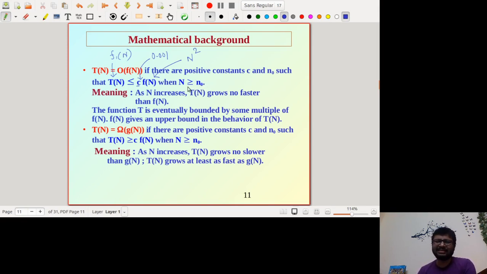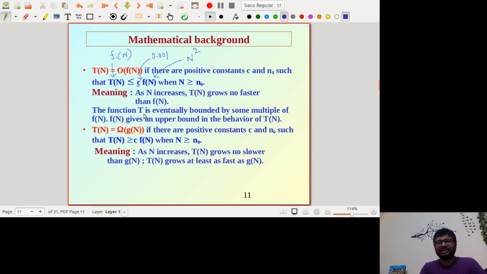So the idea is that if I leave out some initial small values of capital N, then T(n) will be dominated by some constant times F(n). Now this constant, we are not saying anything about the value of this constant, but it's a constant. It's not something that grows with n. It's some fixed constant. It is independent of n. So this roughly means that as n increases, T(n) grows no faster than F(n).